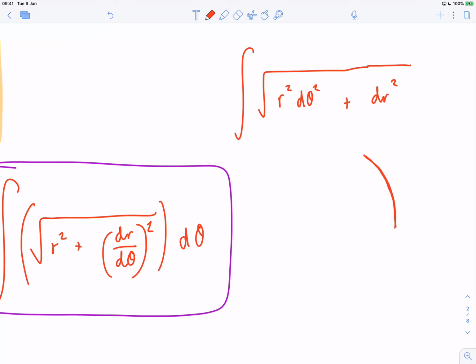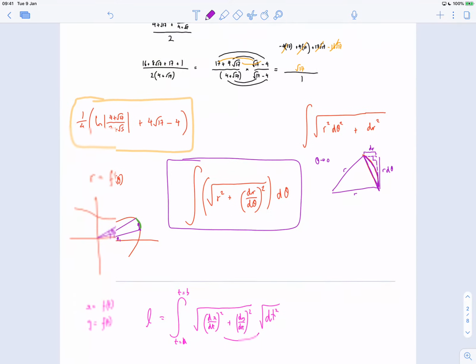Maybe you're treating it as a right-angled triangle like this, where if I've got a radius going like that and a radius going like that, the difference between these two radii is dr, and this height here is supposed to approximate, when theta is really small, r d theta. By Pythagoras, the length of the hypotenuse would just be this. So that's one way of convincing yourself that's the case.